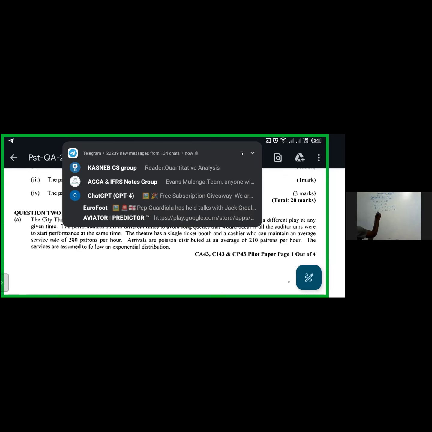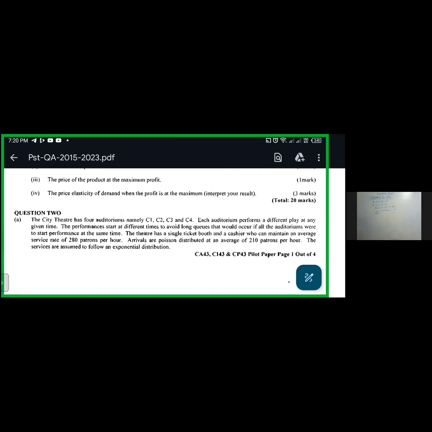When price is 40, we don't know A and we don't know B, but we know Q is 30. Now solve for A and B.